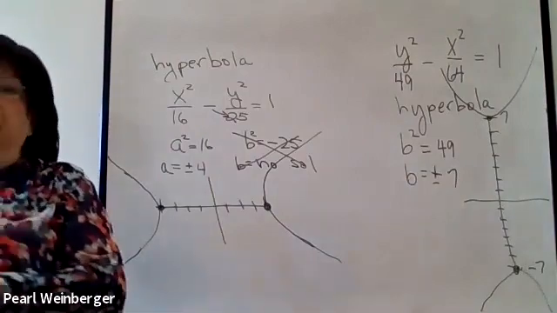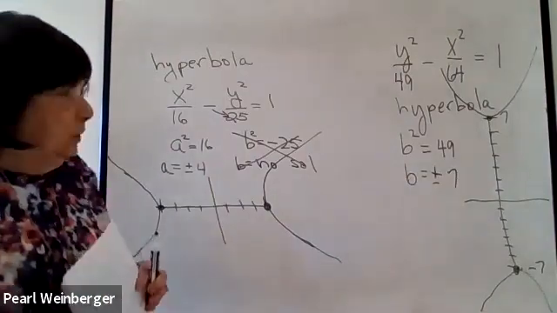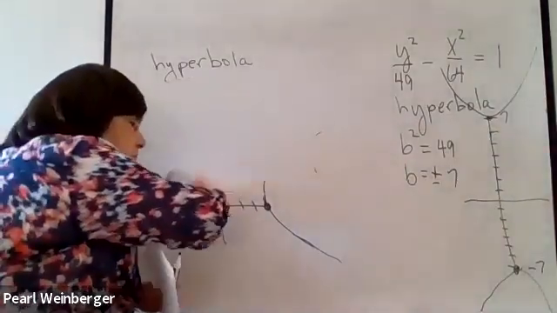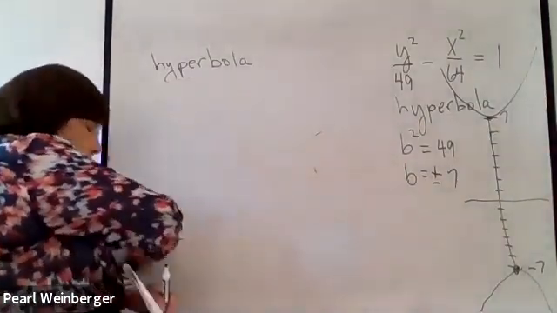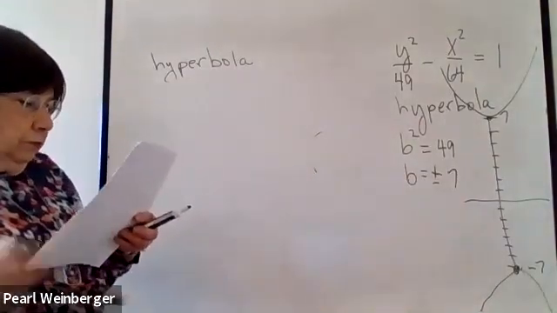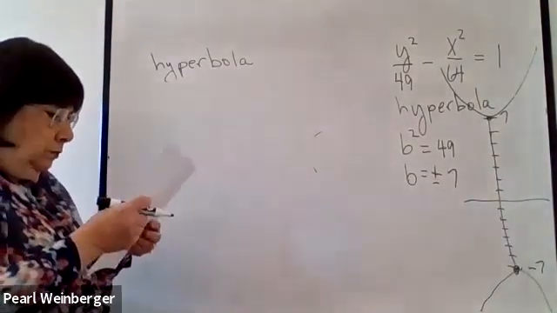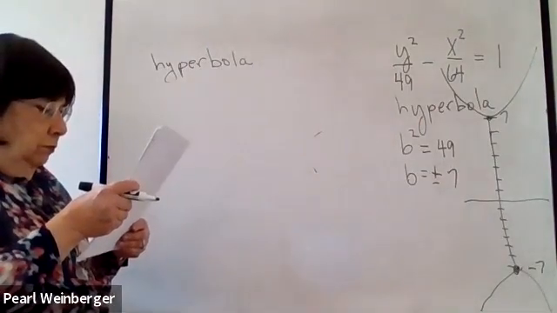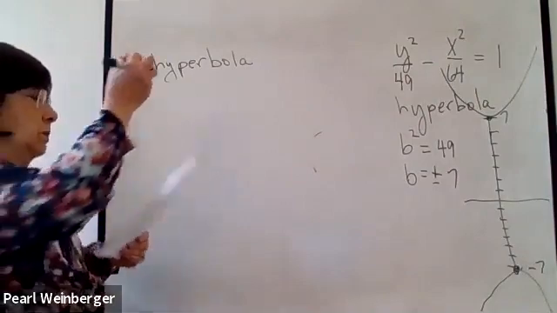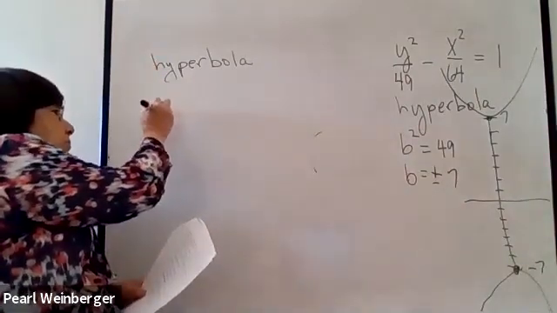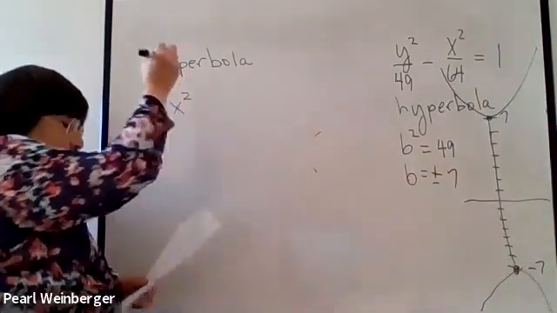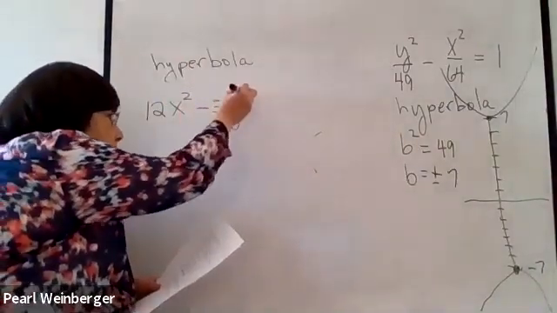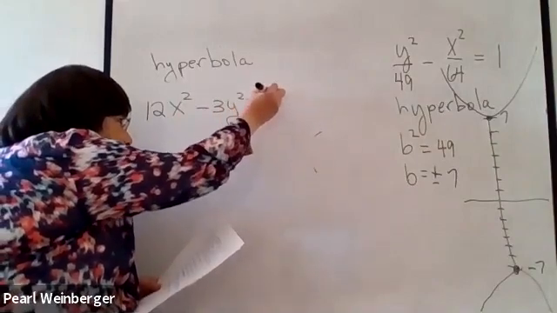Okay, I'm going to give you one to try. I'm giving you this equation, 12x squared minus 3y squared equals 48.